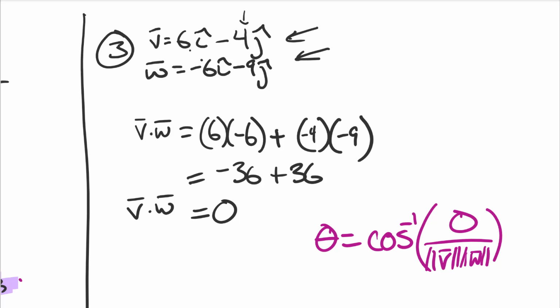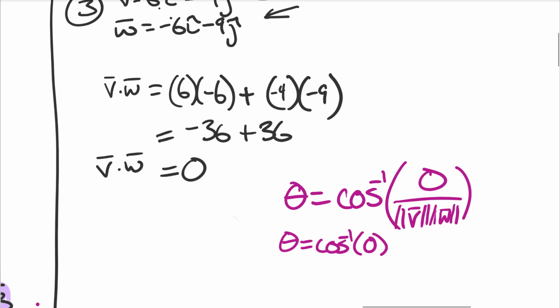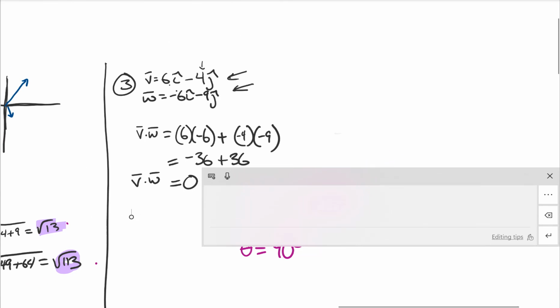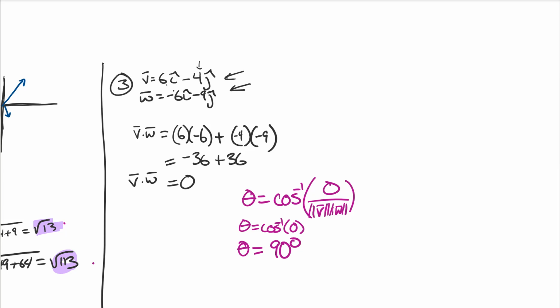It's 0. So we have cosine inverse of 0, and of course you all remember exactly what this is. That's 90 degrees. So if V dotted with W is equal to 0, that implies you have a 90 degree angle.